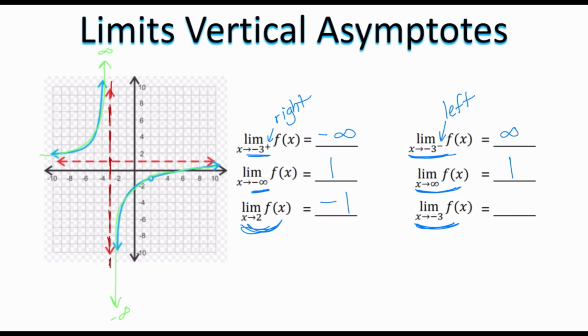Those two are not meeting at the same place. Therefore, we say that the limit as x approaches -3 does not exist. That's easy to tell because they did have us take the limit from the right and the limit from the left, and these two answers did not match. And the minute those answers do not match, the limit in general at that point does not exist.